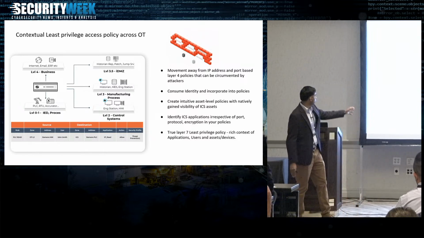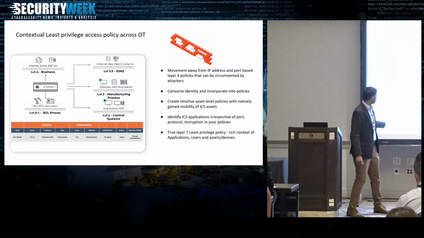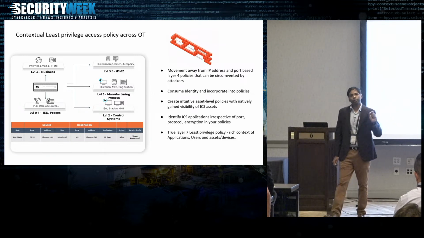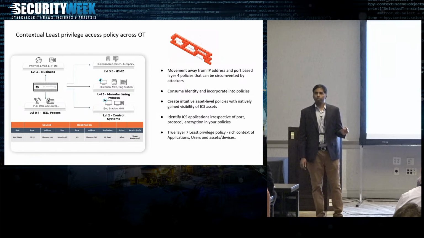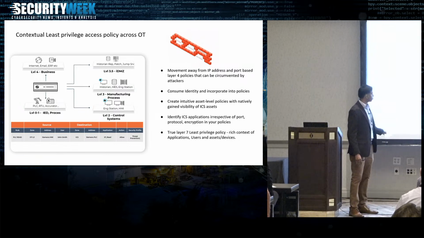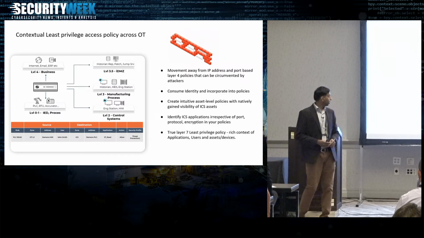No. If you look at this particular policy, I have a Siemens HMI, right? It is talking to the Siemens PLC device using the S7 read application. That is how granular you should go in creating policies, right? So you need to create that clear contextual segmentation to apply true zero trust or least privilege access policies. And we can effectively do that.